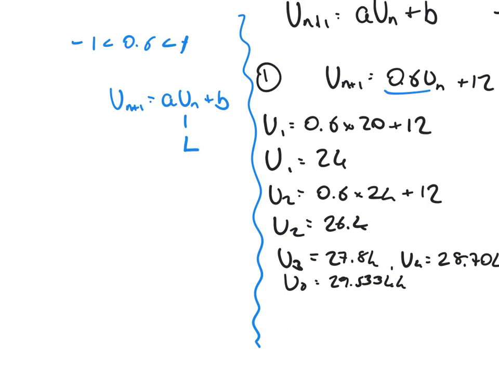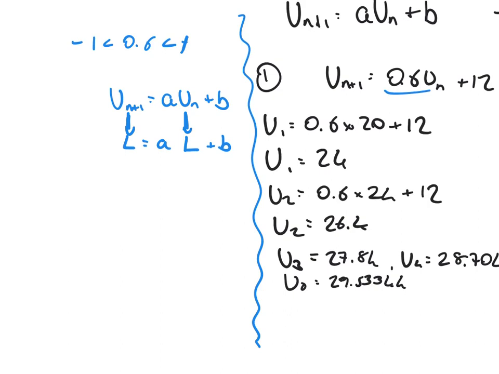That means the next term after that would be the limit again, because by implication we have reached the limit, so that's not going to change. So if we reach the limit at u_n, then the following term u_(n+1) will also be the limit. We can then say it's true that L = aL + b.